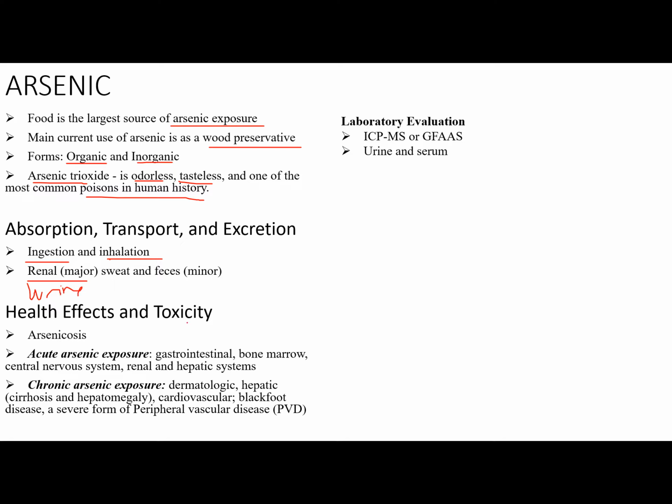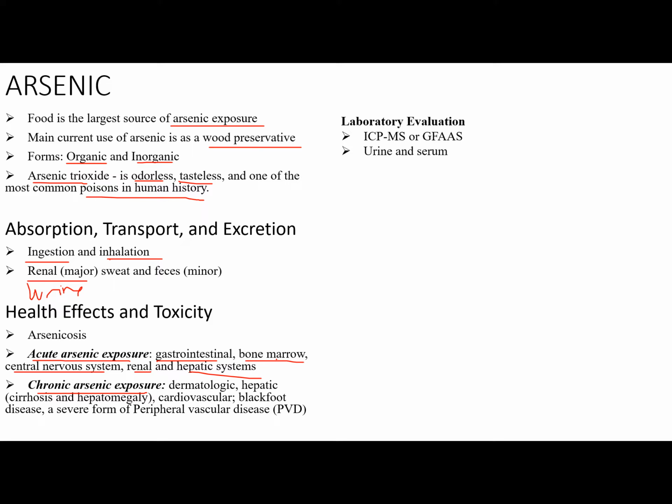Now, health effects and toxicity. We have what we call arsenicosis, class. Now, arsenicosis is the exposure to arsenic. And there are two types, acute arsenic exposure and chronic arsenic exposure. If you have acute arsenic exposure, you would have gastrointestinal, bone marrow, CNS, renal, and hepatic system problems.